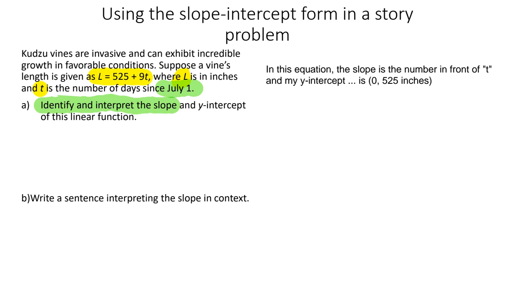So therefore my slope, or m, equals 9, or 9 inches per day. Because remember, the slope is a fraction. This is 9/1.